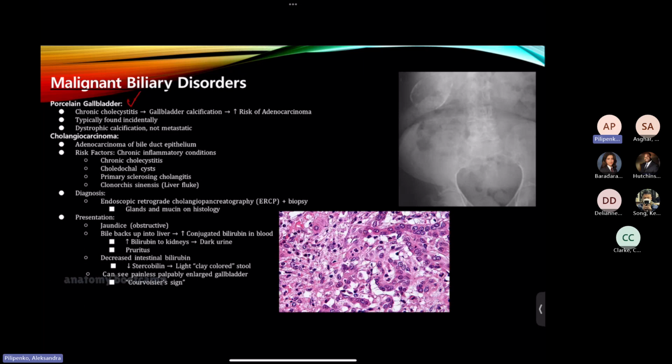Porcelain gallbladder, high yield on radiology. It's not here, but you will have it in your lectures. You will learn about the Courvoisier sign. Basically, if you have this Courvoisier sign, the gallbladder will be enlarged, but it's not painful. Think about malignancy.